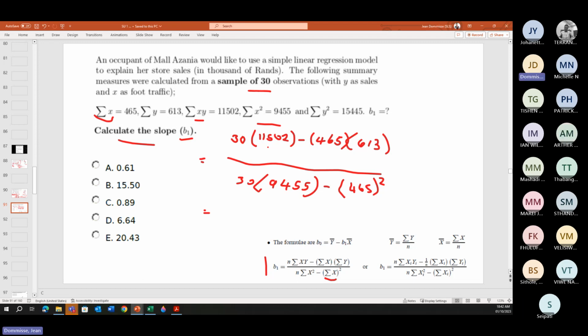So 30 times 11502. Is this correct? Let me just make 100% sure and check. 3, 4, 5.